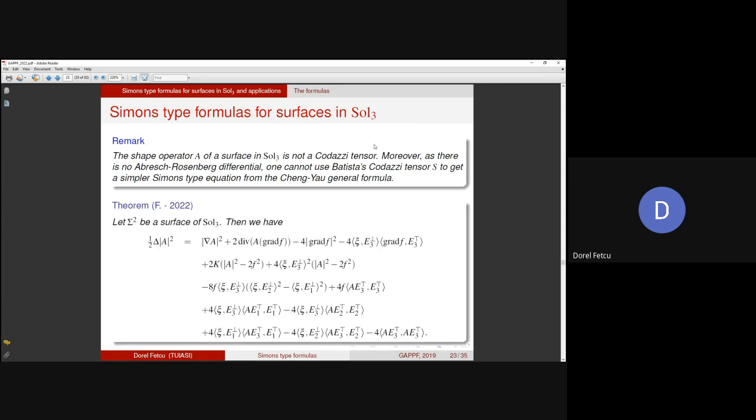So we have to work in the standard setting, using the second fundamental form or the shape operator.